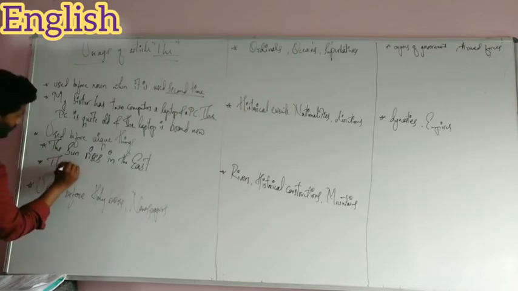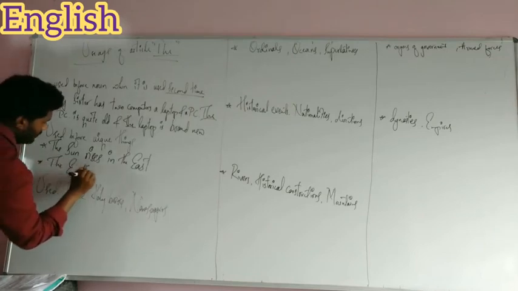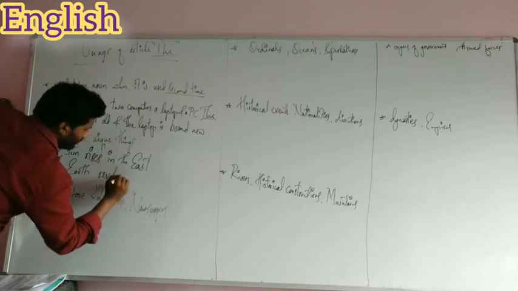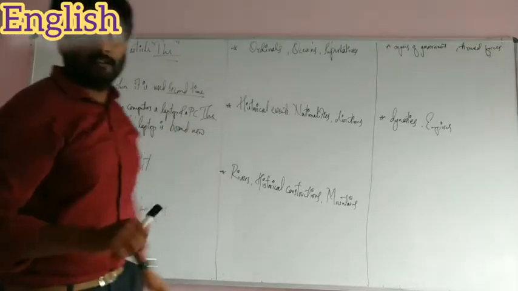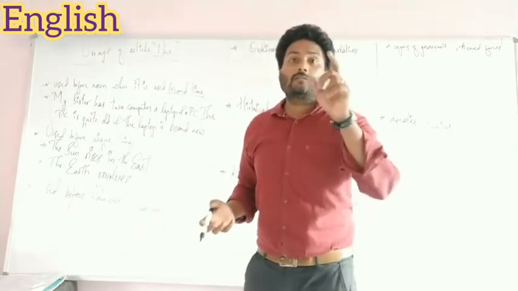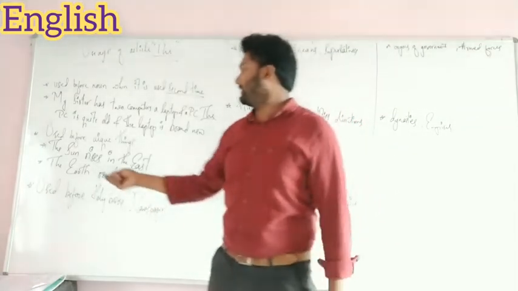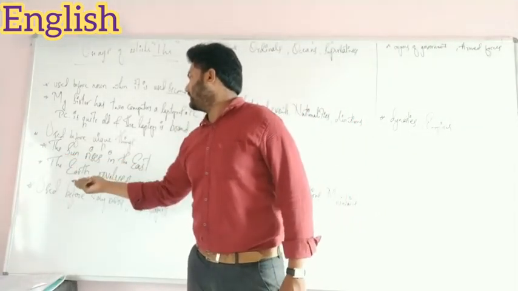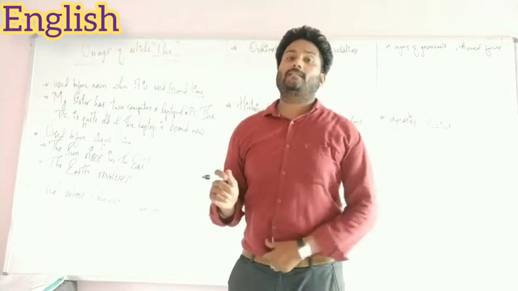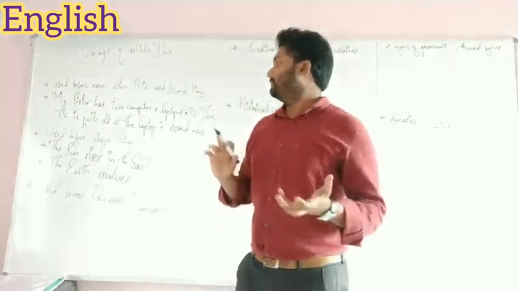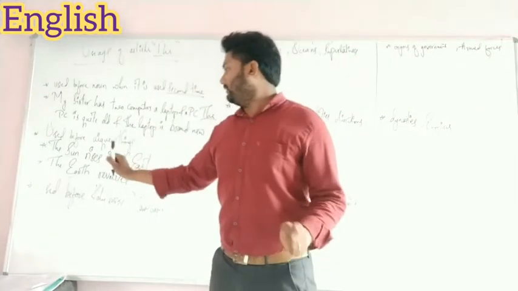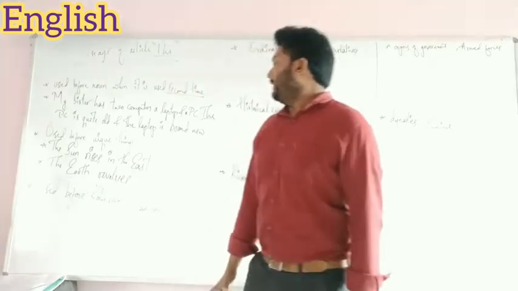The earth revolves. See, the article is used when unique things are represented, like the sun, the earth, the moon. This kind of unique things use the article.